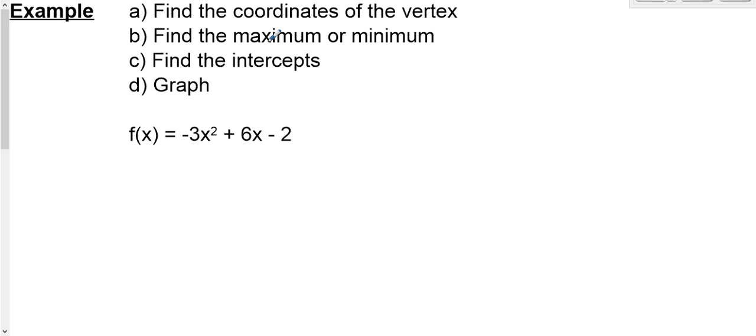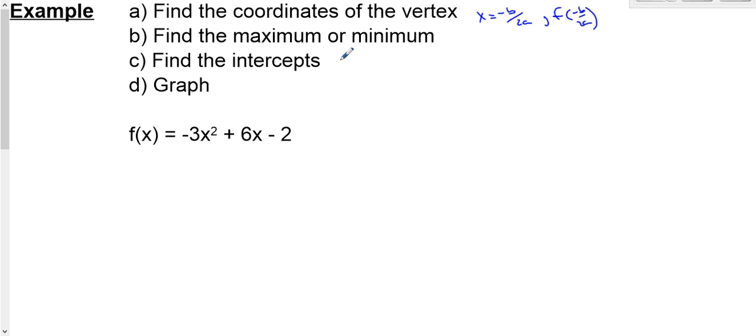All right, let's look at an example here. In this example, we need to find the coordinates of the vertex. We're going to start with x equals negative b over 2a. We need to find the maximum or the minimum, which means that once we know the vertex, we find the function evaluated at negative b over 2a, and we know whether we have the maximum or minimum based on a smiley face or frowny face.